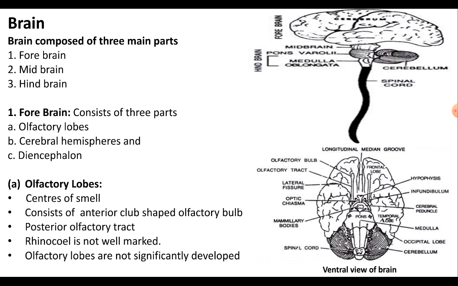Olfactory lobes consist of an anterior club-shaped olfactory bulb and a posterior olfactory tract. In the human brain, olfactory lobes are not significantly well developed and they enclose a cavity called the rhinocele. It is also not well marked.